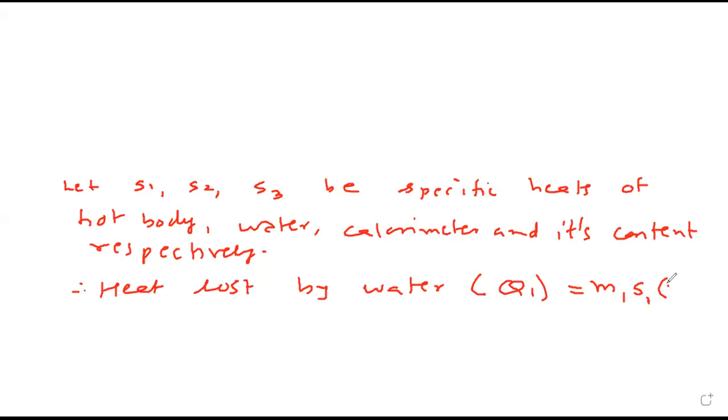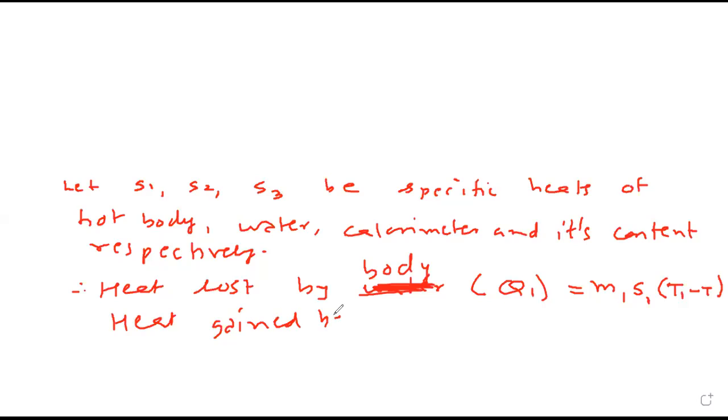What was the temperature of the solid body? T1, we have taken it as T1, and the final temperature is T. So its temperature was large, it loses heat and becomes T. Heat lost by body Q1 is its mass m1, specific heat S1 and change in temperature.